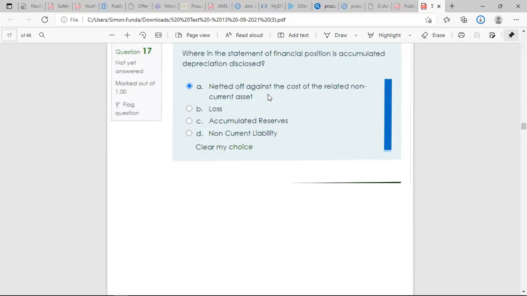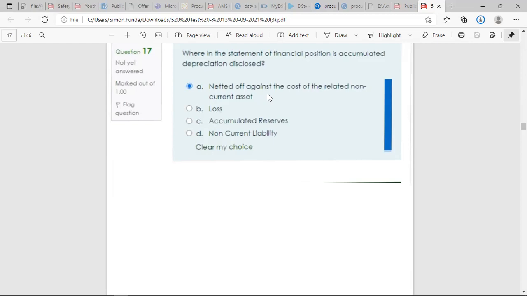In the coming year, accumulated depreciation will now be 40,000, meaning 30,000 plus the 10,000 last year. So you subtract 40,000 from 100,000, you remain with 60,000, and then you charge depreciation in that current year.